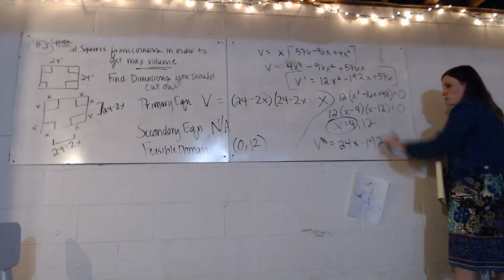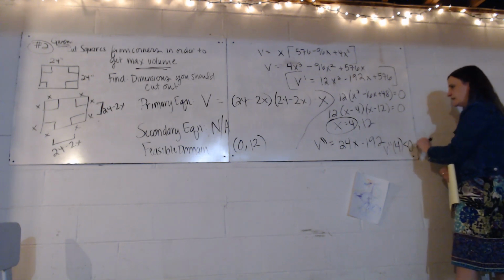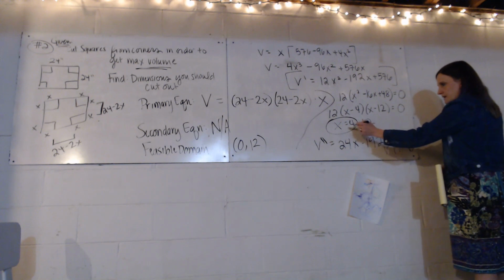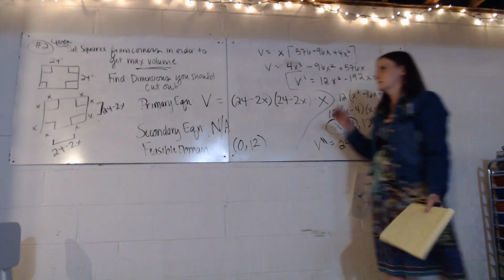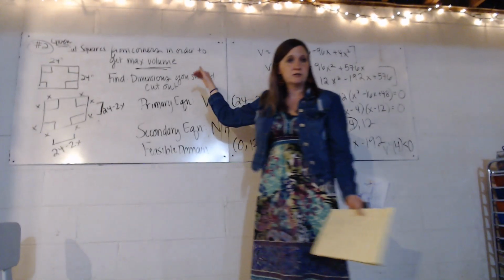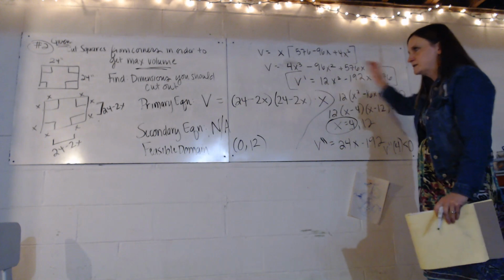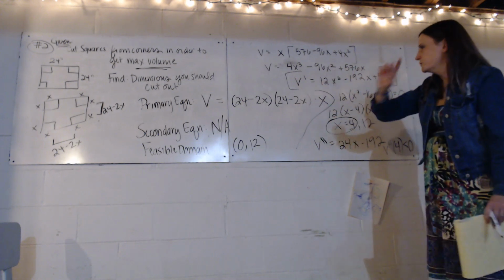So if I plug a 4 in here, I know it's hard to see this, the second derivative of 4 is less than 0. It's negative, which confirms that this is a maximum. So when I go back to my original question, dimensions you should cut out: 4-inch by 4-inch squares in order to maximize your volume.